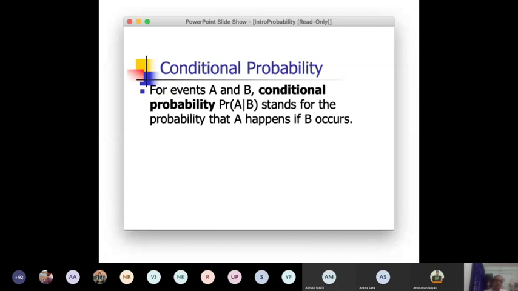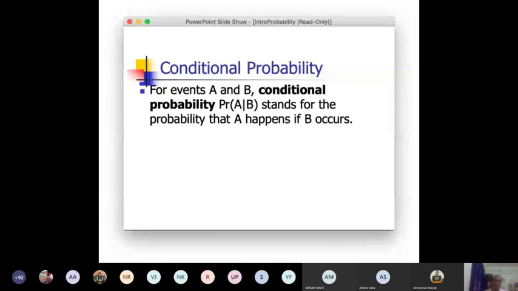So now let us consider another interesting concept which is called conditional probability. It tries to relate two events A and B. We want to measure what is the probability that A occurs if B occurs, right?